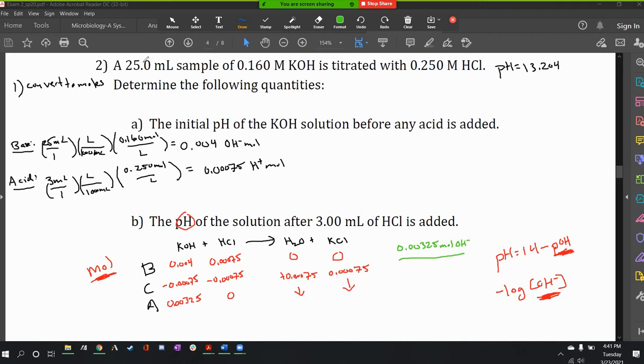So what's the volume of our solution? Well, we started with 25 milliliters of base, but then we also added 3 milliliters of acid. So don't forget to find the total volume at this point in the titration. It's 28 milliliters total, so that's 0.028 liters.